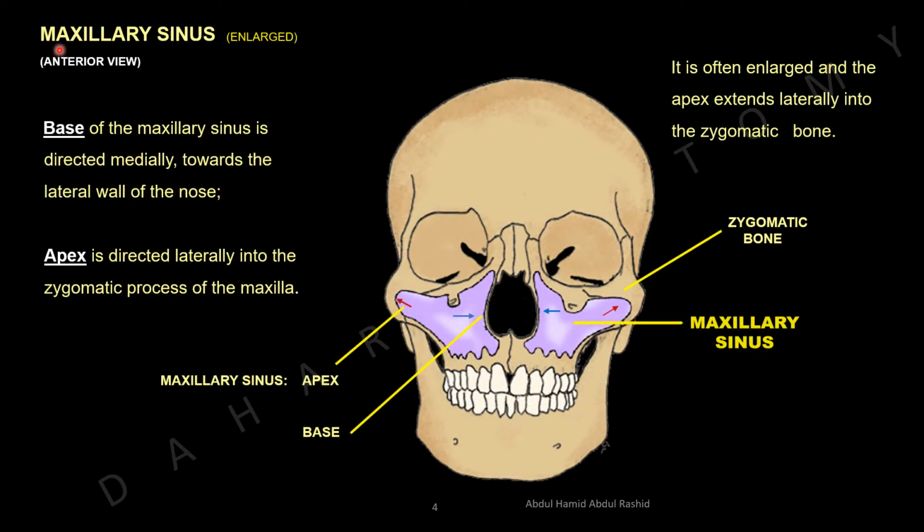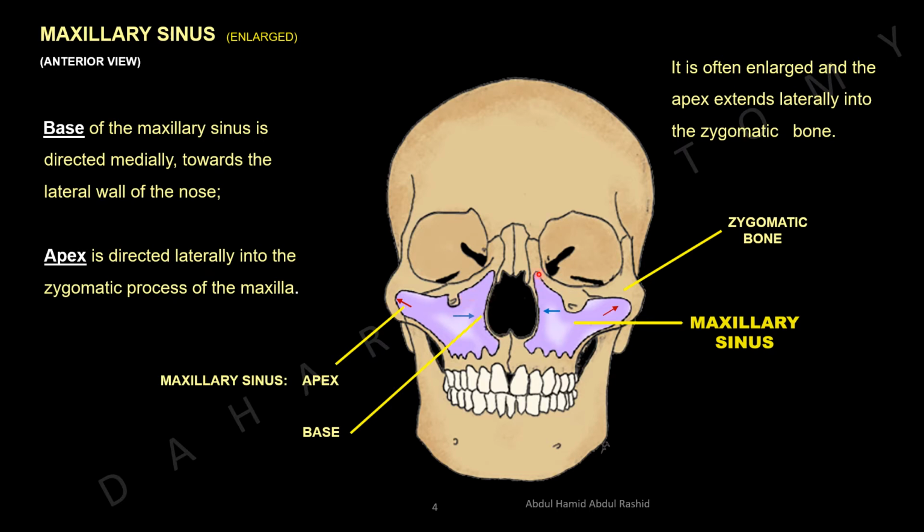Look here at the picture. In the picture, this is the base of the maxillary sinus. This is the apex of the maxillary sinus. Base of the maxillary sinus is directed medially towards the lateral wall of the nose, and its apex is directed laterally into the zygomatic process of the maxilla.